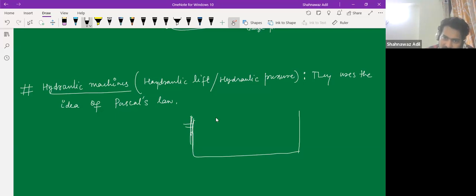This one piston has a small area, to which we are applying a force, and then we have this larger area, which is this one, and we have this car which is kept in there, right?